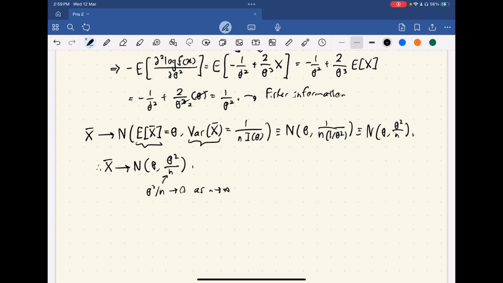And if the variance tends to 0, what that means is that the value itself is a constant.